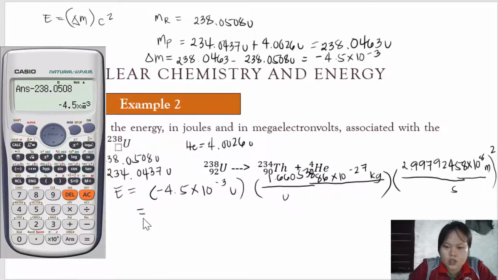Okay, so let's solve for this. Times 1.6605886 times 10 raised to negative 27.